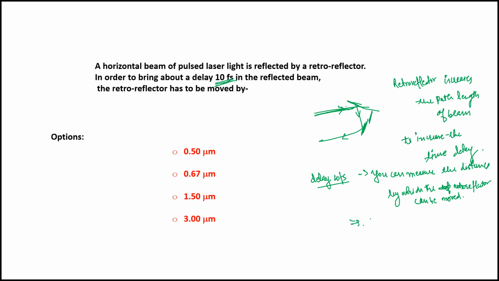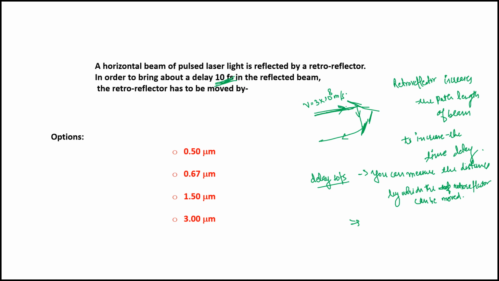Okay. So the retroreflector has to be moved. Now there is a laser beam. Since it is light, it will have a velocity equal to 3 into 10 to the power 8 meter per second. Right. Now you need to know the distance which will bring 10 femtoseconds of delay. So the light has to travel that much distance.